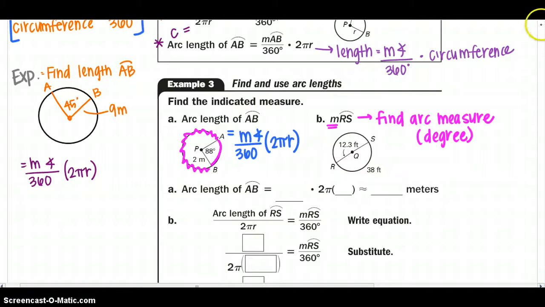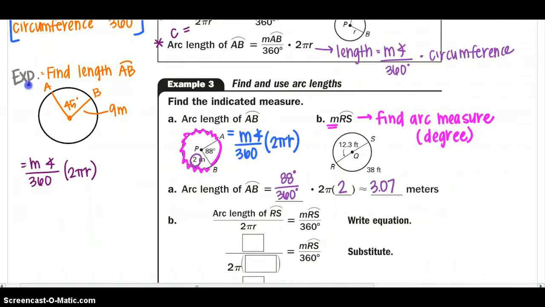So the arc length of AB equals 88 degrees over 360, and I remember that because I want my degrees to be together in the same proportion. Equals 2 pi times our radius, which they give us as 2, and I would get approximately 3.07 meters. So again, there are a couple ways to go about it, but this seems to be the easiest.